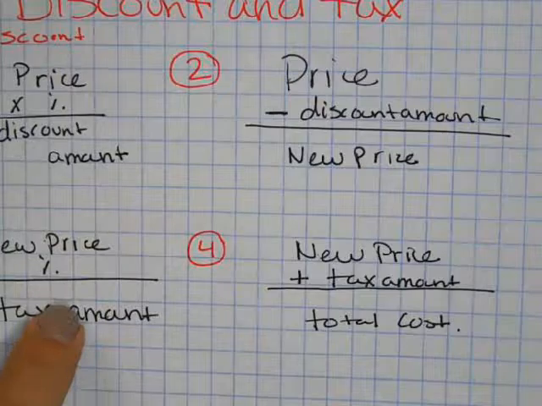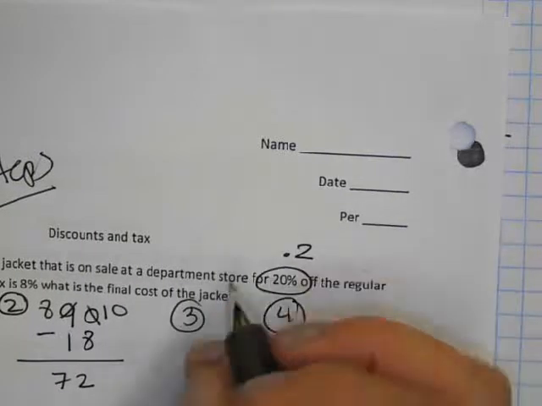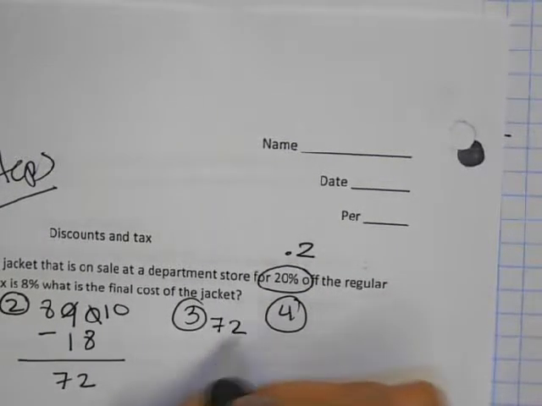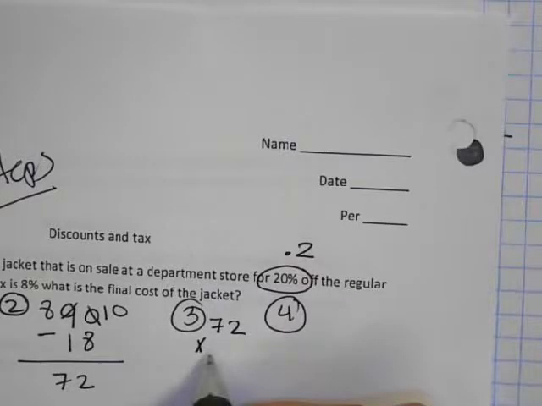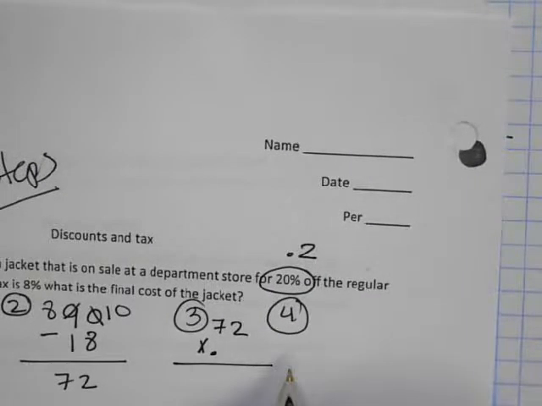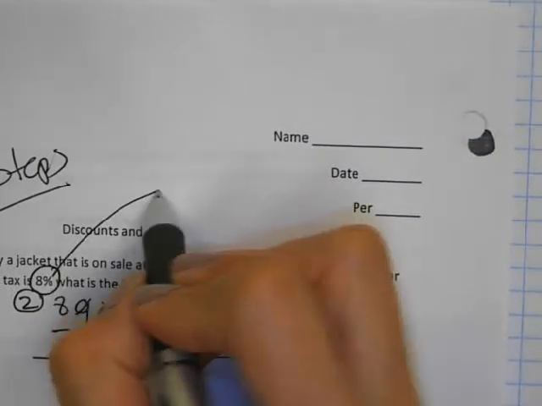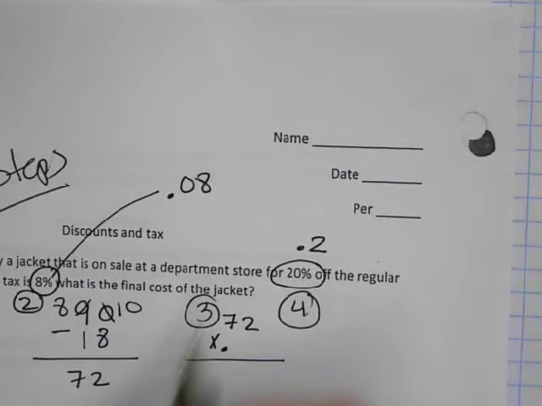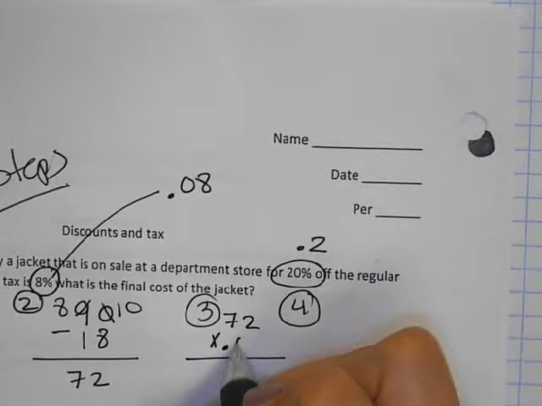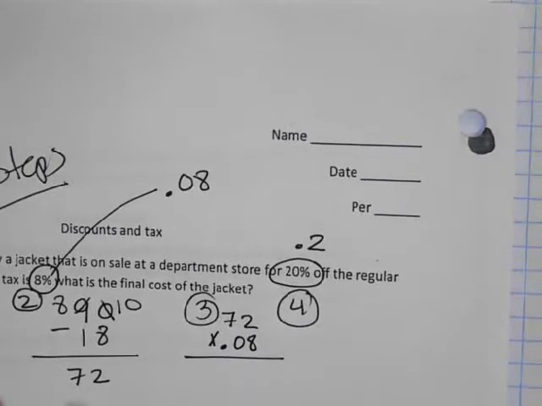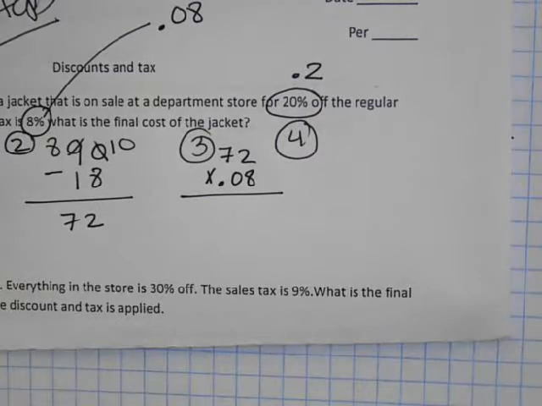The new price times the percent. Okay, what's my new price? 72 times what? 8% is what? Good. Can you be using your multiplication table to figure this out?